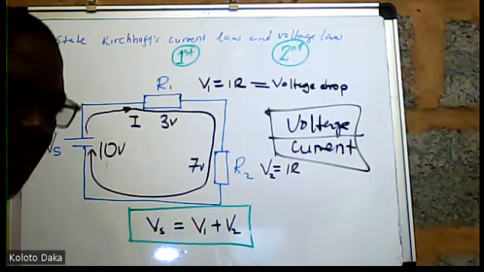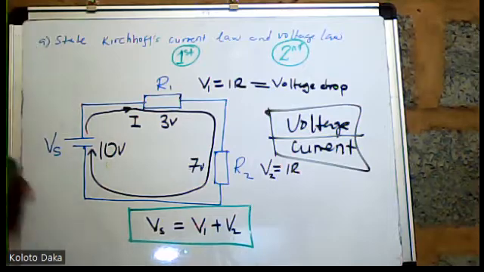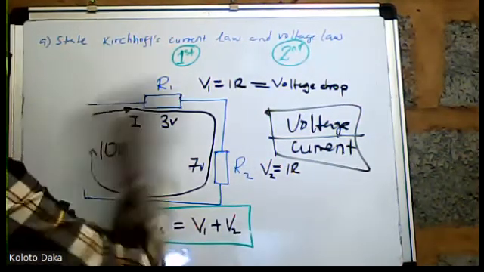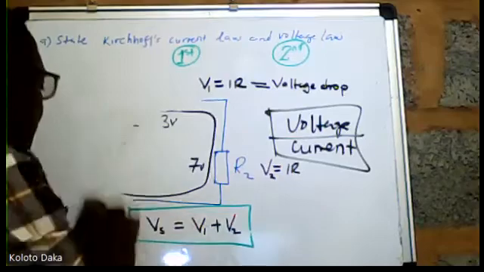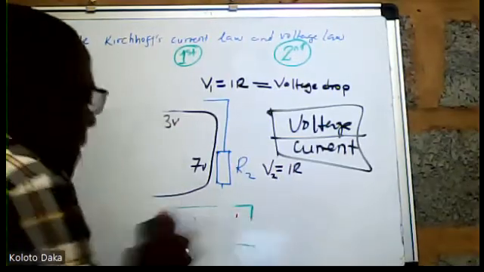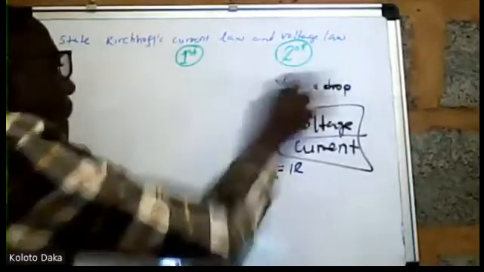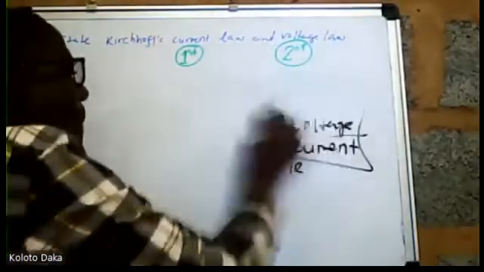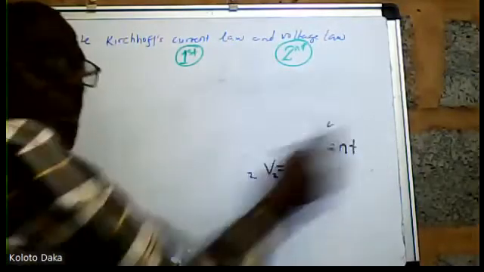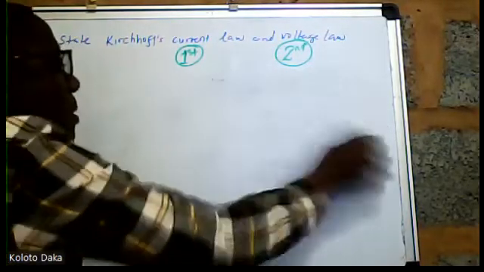Okay, Part B. Part B, it's a calculation. There's no limit.